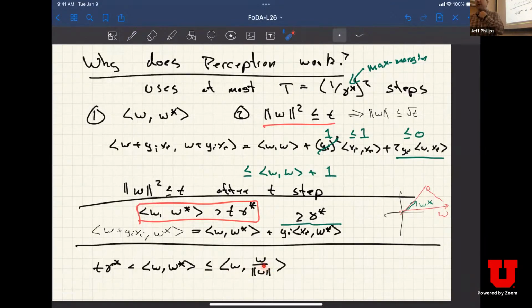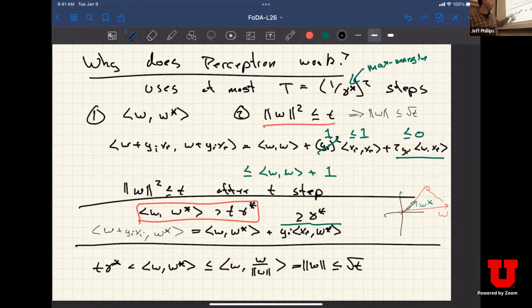This is the vector which maximizes the dot product with W in the same direction. And this quantity is exactly equal to the norm of W, which I know is less than or equal to square root of T.